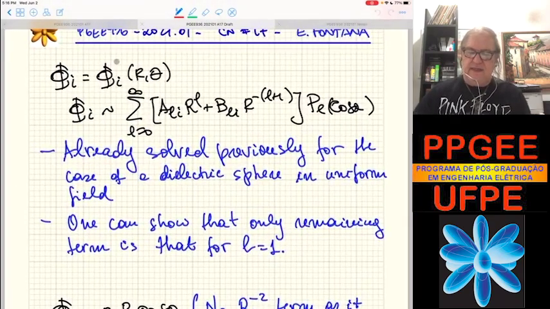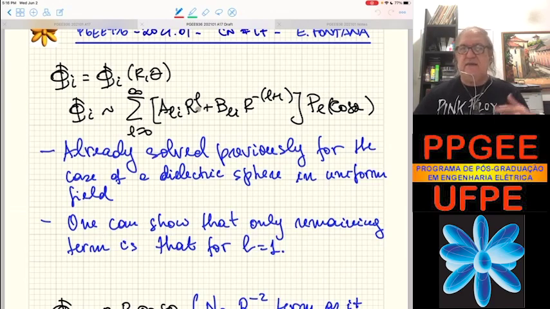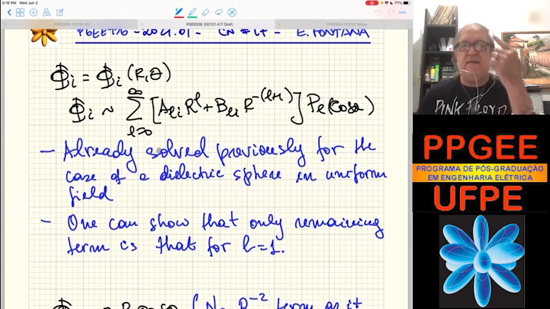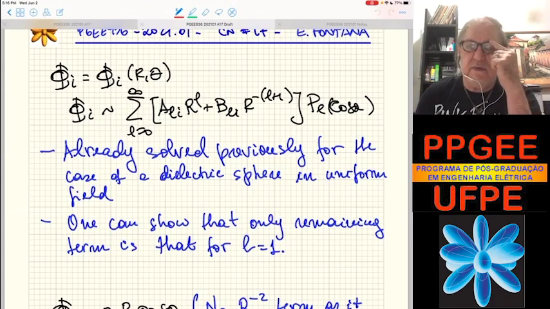The solution either inside or outside is that expansion that we well know already: r to the l, r to the minus (l plus 1). So we have to consider when to use one or the other. We already solved this problem before for the dielectric sphere in a uniform field. We know that we only need the l equals 1 term. We don't have to use other terms.